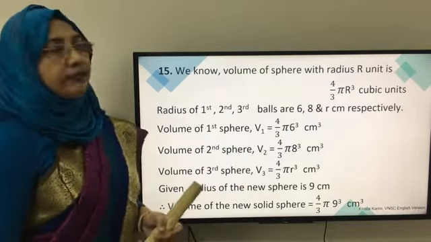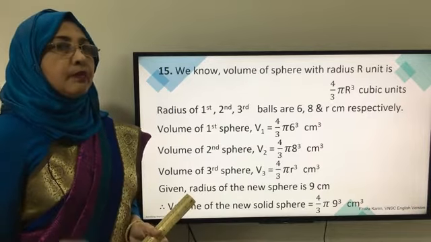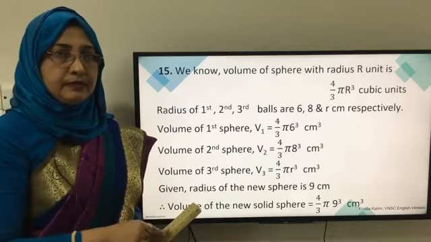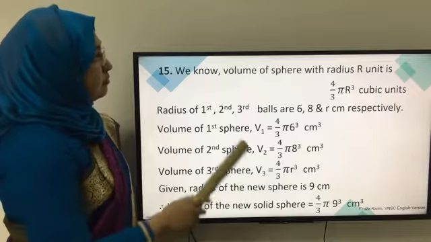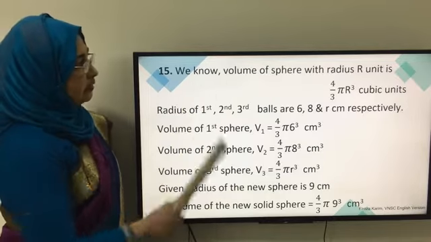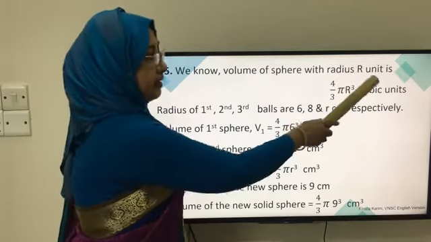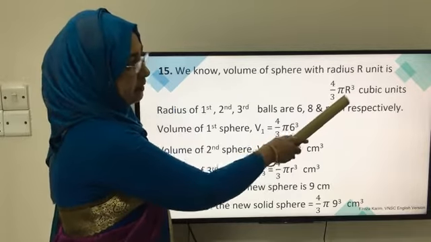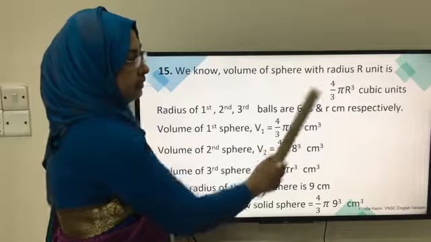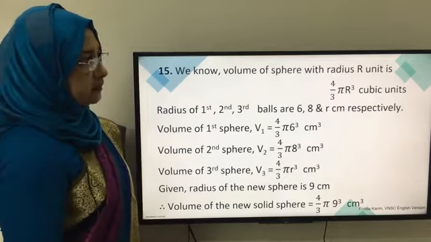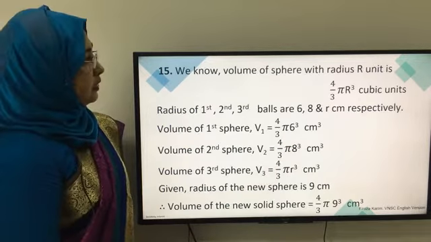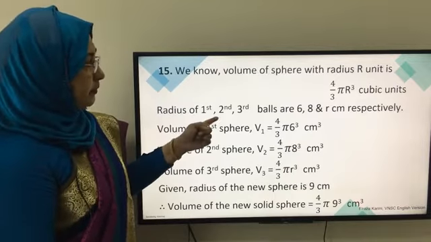Since we will find the volume, we must mention the formula of the volume. Here we are writing, we know volume of a sphere with radius r unit is 4 by 3 pi r cubed cubic units. So you need to write the formula.